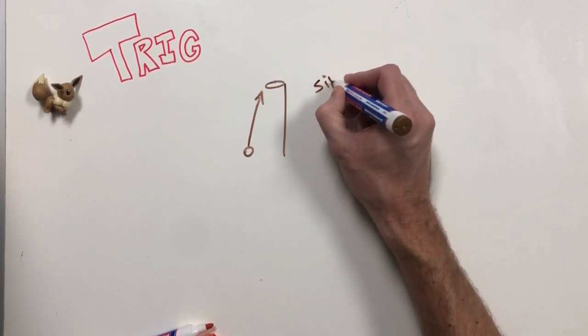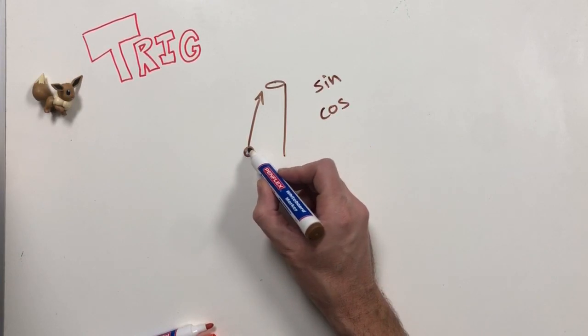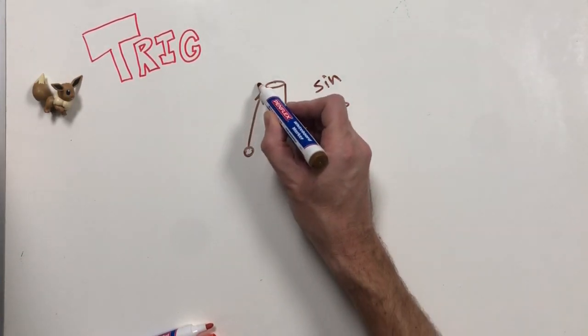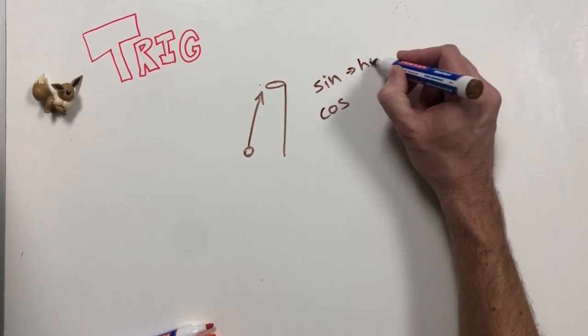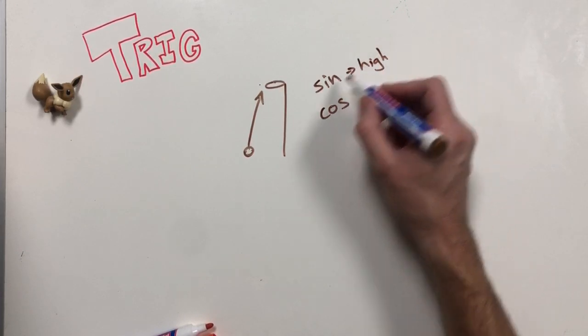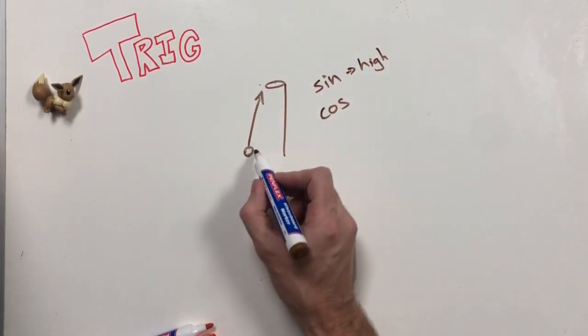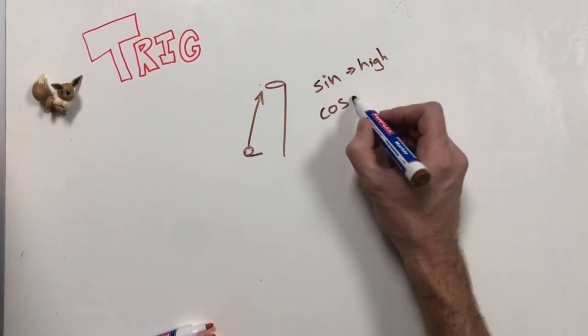If I'm thinking about my sine and my cosine values, if I'm standing here and I'm throwing it very much high in the vertical direction, then I would expect a high sine value, very close to 1. But the cosine value, because it's traveling just a little distance in the horizontal plane, would be low.